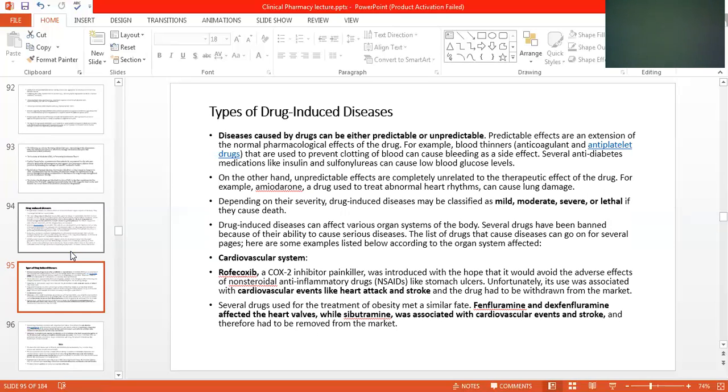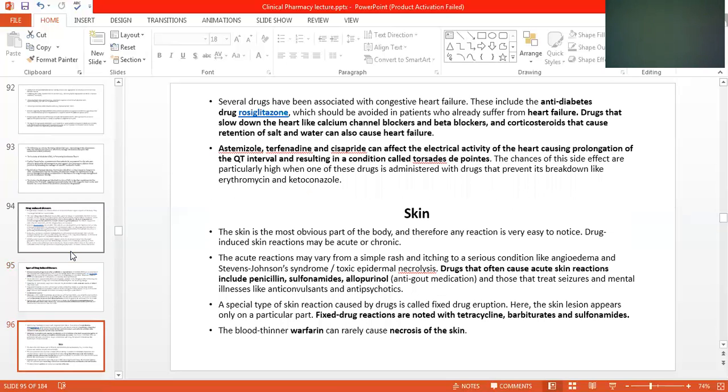And then we looked at certain drugs affecting specific systems, like the cardiovascular system, like COX-2 inhibitor rofecoxib, which causes heart attack. Then we observed certain drugs affecting the skin, causing skin reactions, and we do not allow the patient to go into the sunlight with certain drugs like sulfonamides and penicillins.